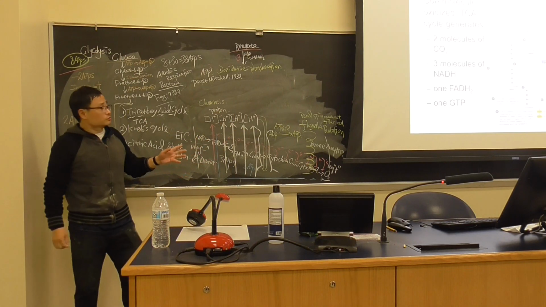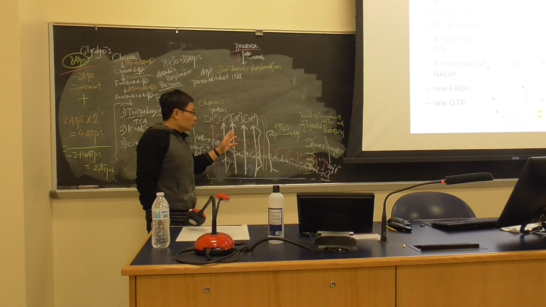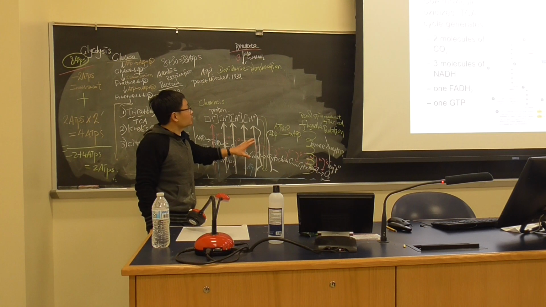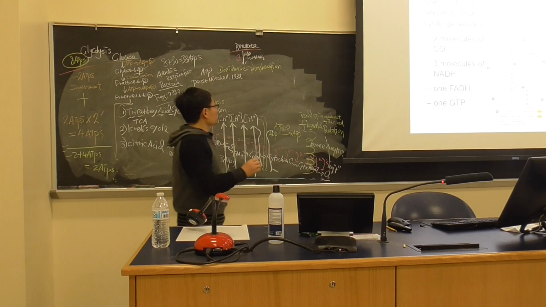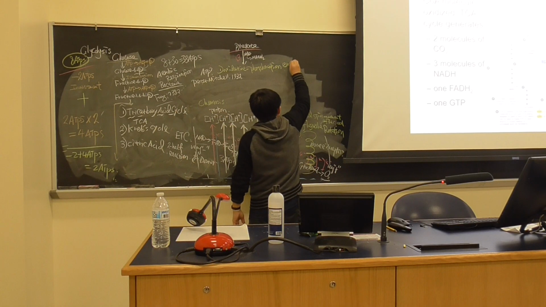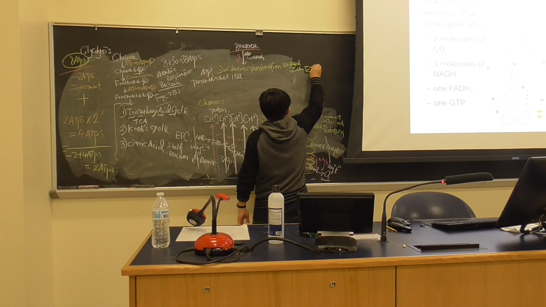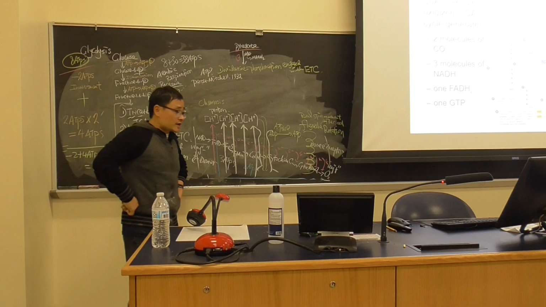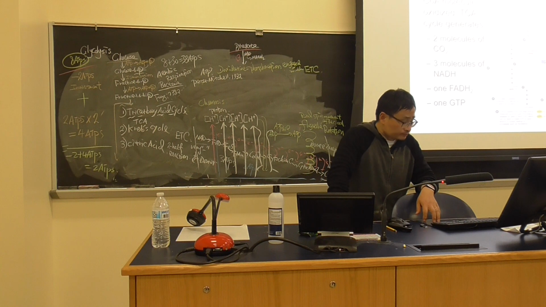But I have to be cautious that oxidative phosphorylation is not only explained by chemiosmosis. Chemiosmosis is one of the theories to explain oxidative phosphorylation. But no matter what type of theory it is, oxidative phosphorylation is engaged with the electron transport chain. So that's aerobic respiration. The key point is oxidative phosphorylation.